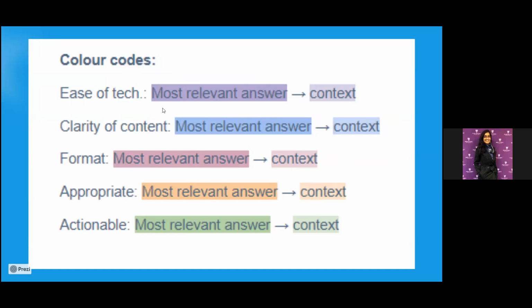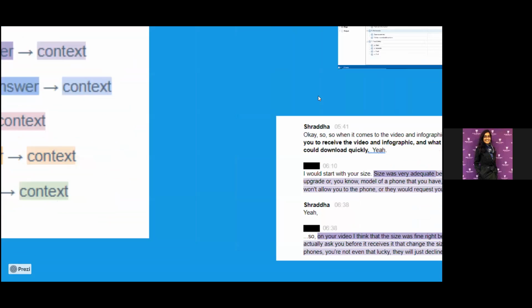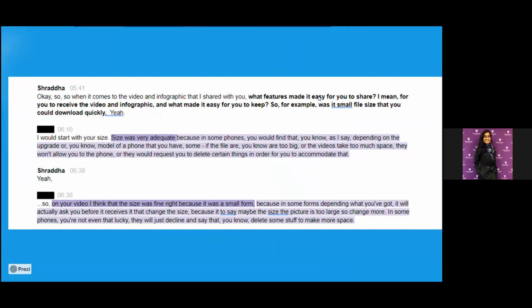Based on the 5 themes on the left-hand side, I had to highlight the most relevant answer to the theme and sub-theme, and take a similar but lighter color to identify the context in which that answer was given. This I did on Google Docs, so it was safe, easily updatable, and always available to me on the cloud.